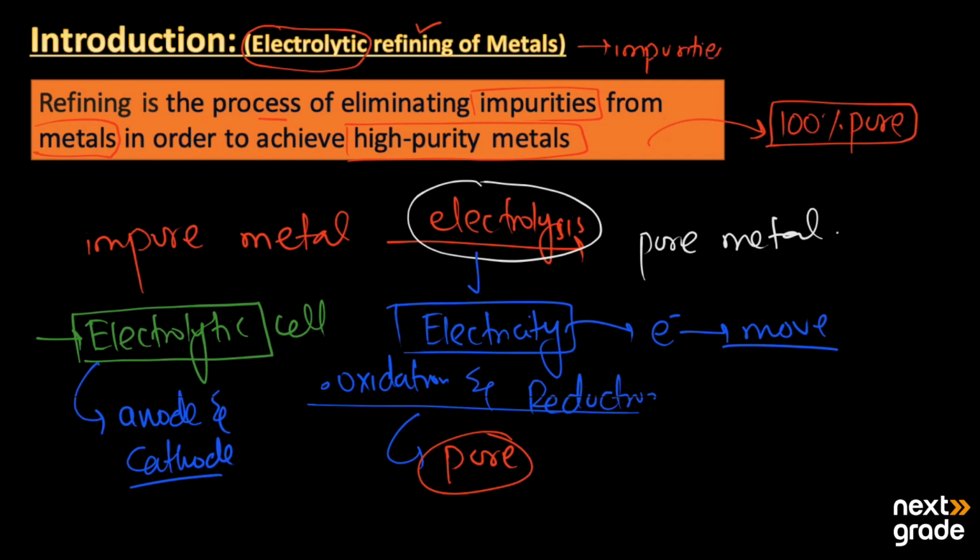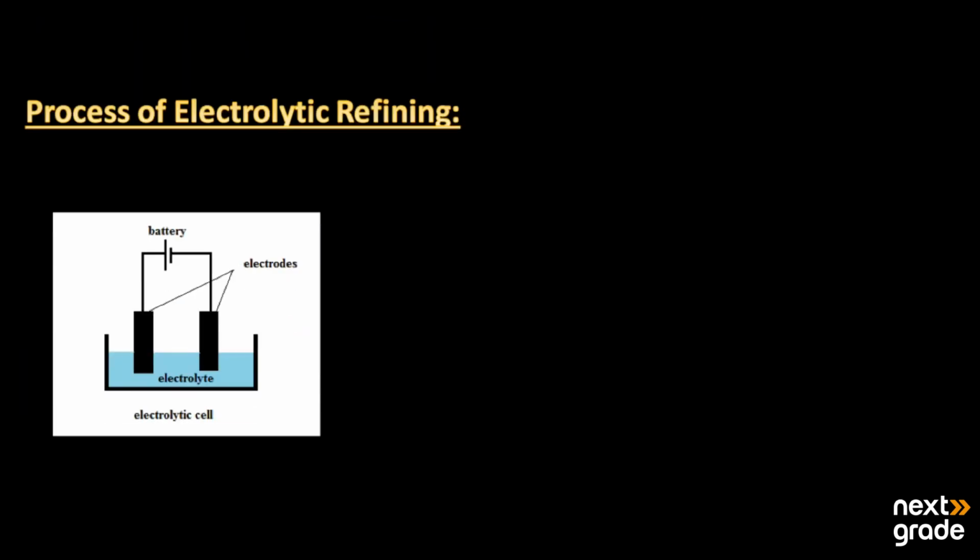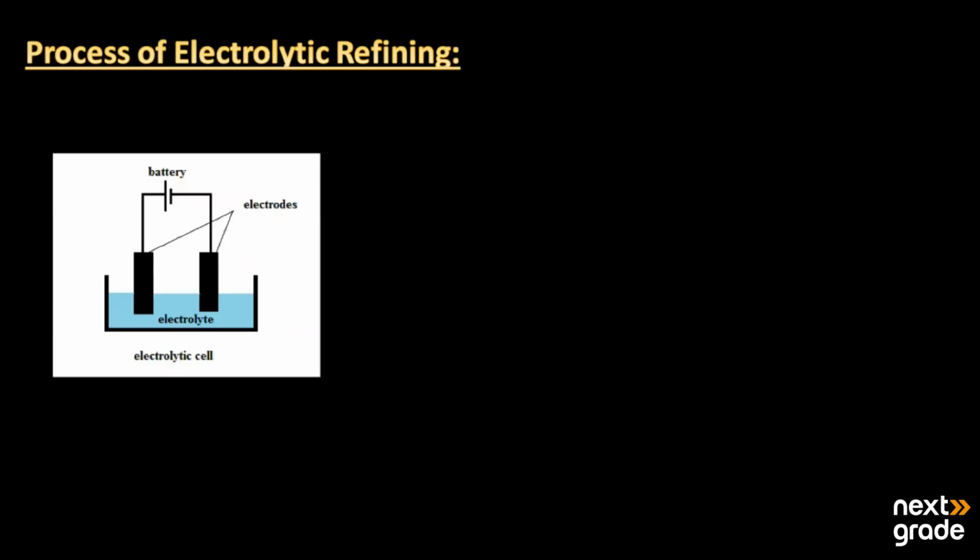So let's have a look at how we gain this. Here we have the process of electrolytic refining. We need an electrolytic cell consisting of two electrodes. One electrode has a positive charge, attached to the positive end of the battery. This we call the anode, and the other is attached to the negative end of the battery.